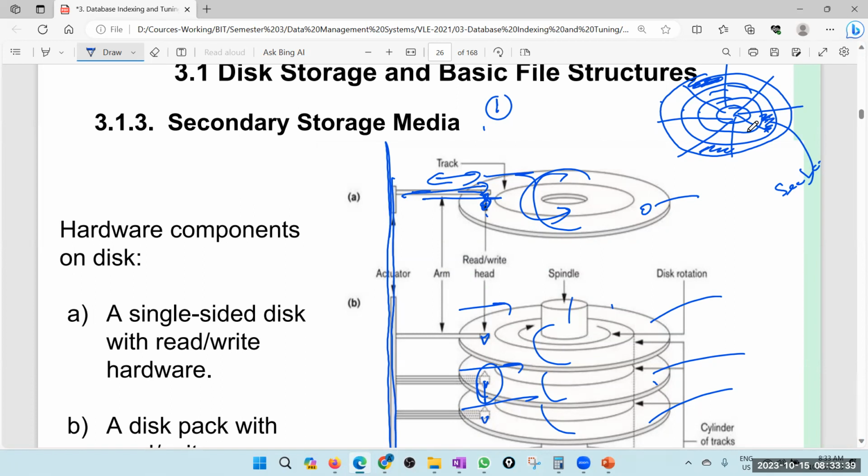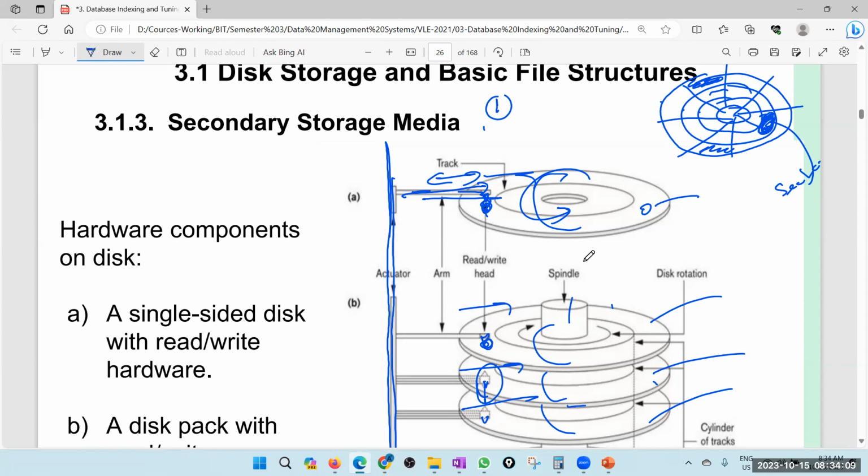Because these arms are moving together, these plates are rotating together, if a particular file has been saved in this particular sector, a set of files or set of records, and this is filled, what happens is it stores the next record in another disk plate in the same corresponding sector.